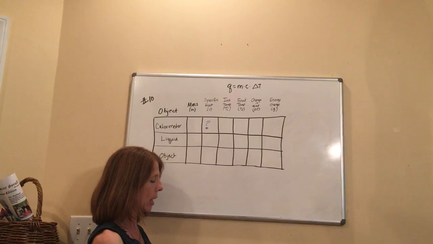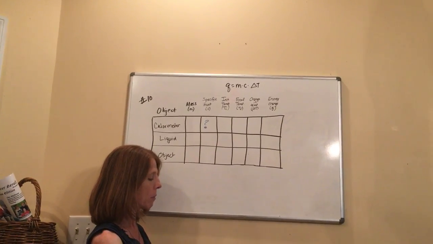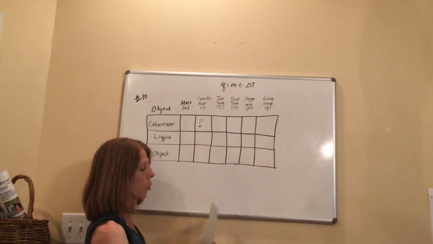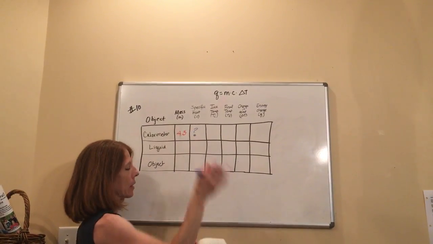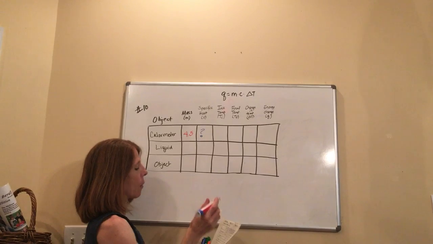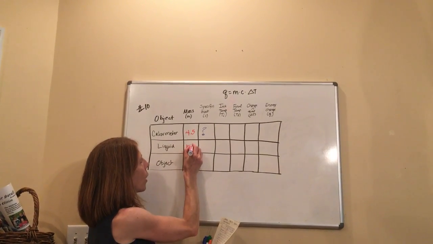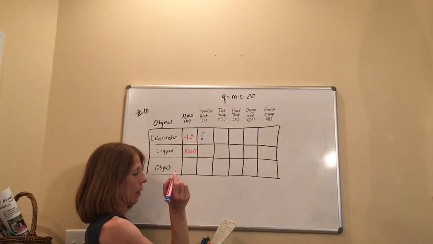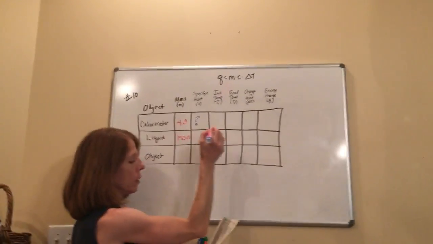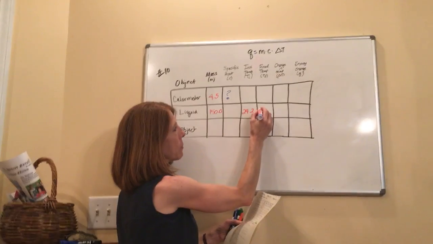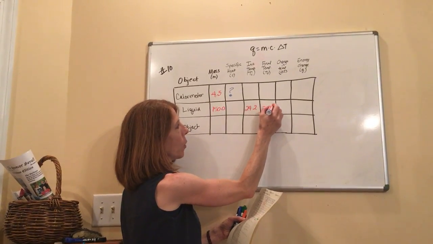So I'm going to go ahead and fill this in. The first thing I'm going to write down is the information that was given to me in the problem. And what I was told is that we have a 4.5 gram calorimeter, that's how much it weighs, that we have 150 grams of water, that we have an initial temperature of 24.2 of the liquid, and then the temperature changes to 25.1.